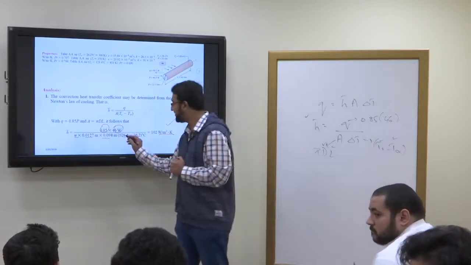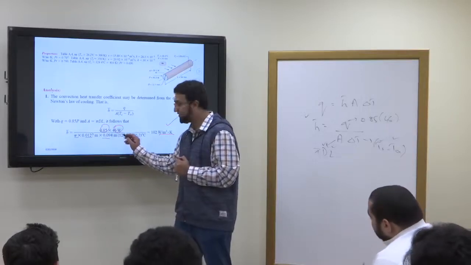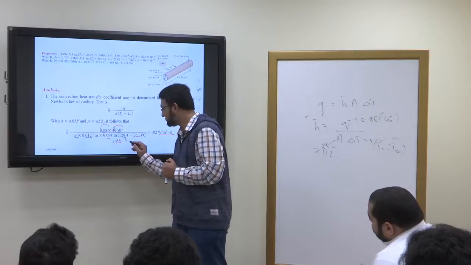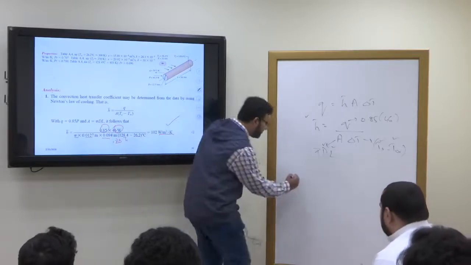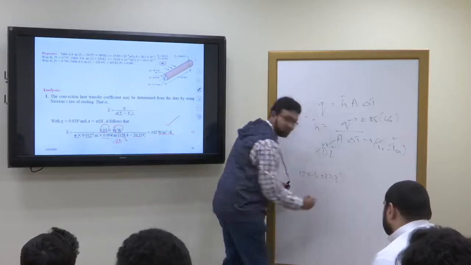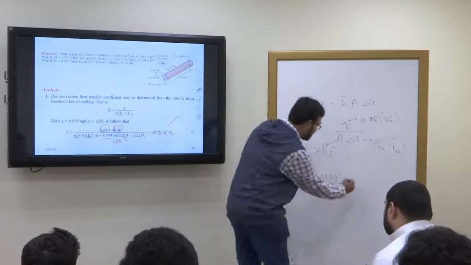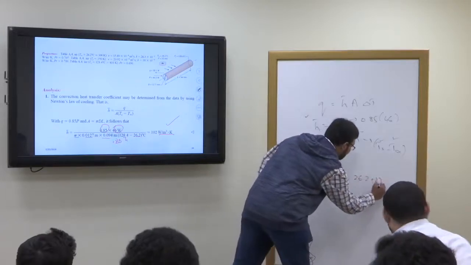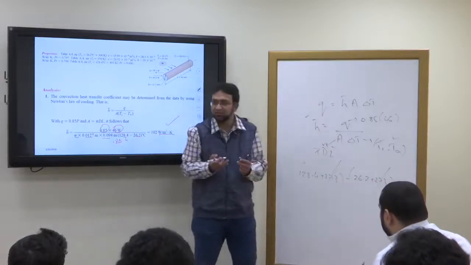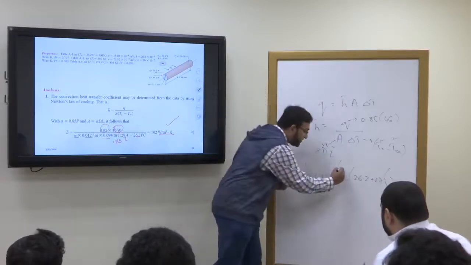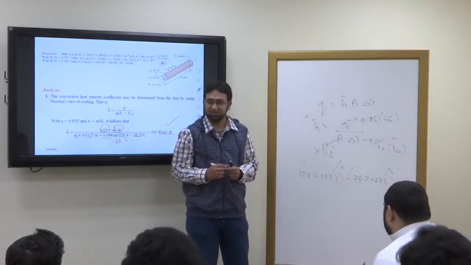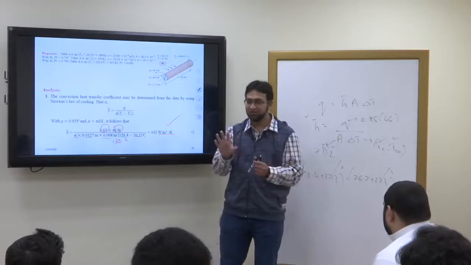Look, for example, if you put it in Kelvin, it will be 128.4 plus 273 minus 26.2 plus 273. Don't you think this 273 will cancel? It will be the same thing. But if it was a power, then it will not cancel. Okay? You understand it?